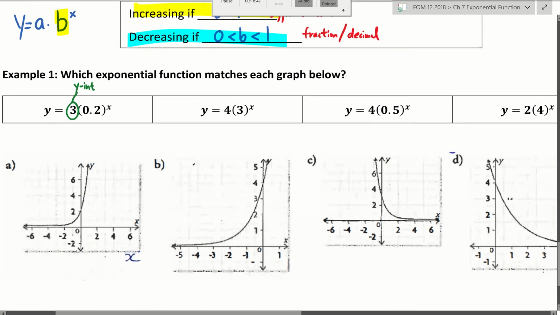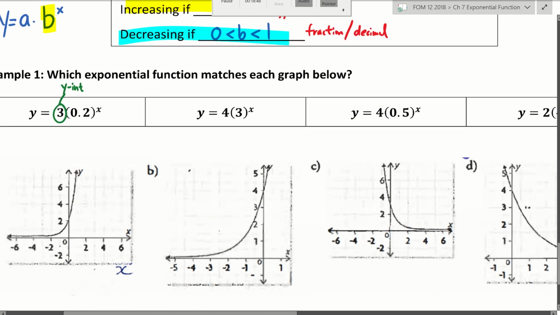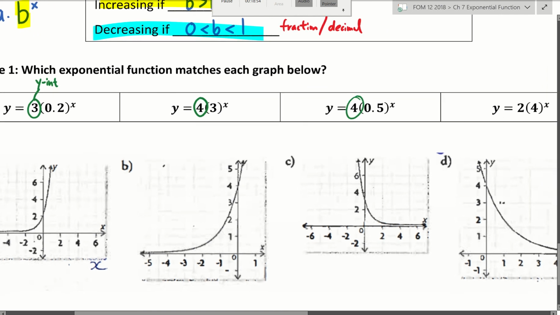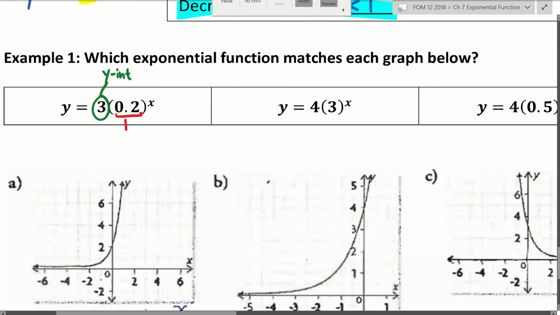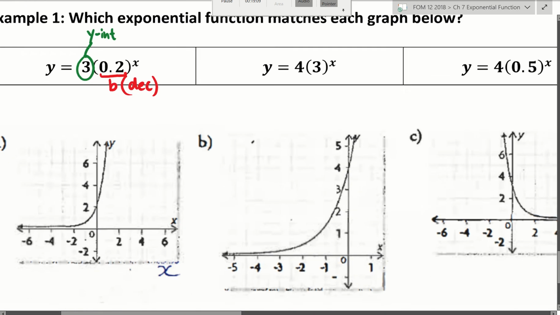That means we can tell by just looking at the y-intercept. The other one has a y-intercept at 4, and the other one is at 4. And the last one has a y-intercept at 2. So none of them are the same. So y-intercept at 3, and what else? Look at this base. The base is between 0 and 1. That means this is a decreasing function.